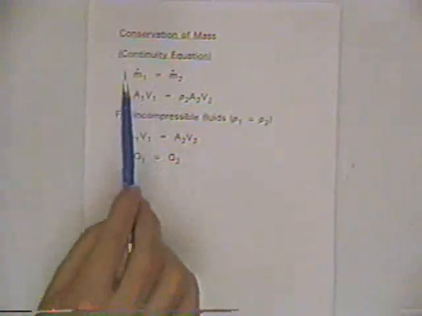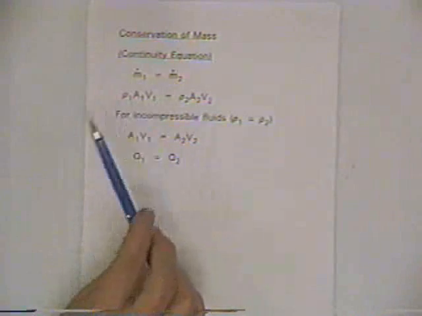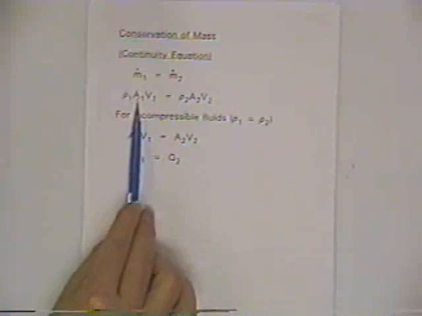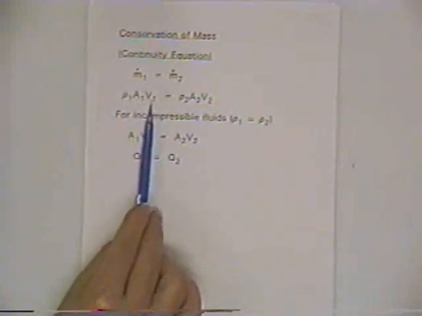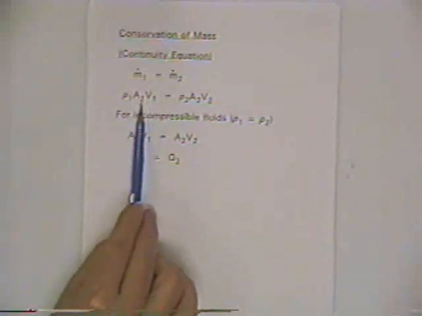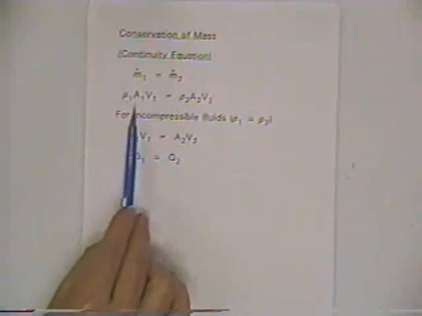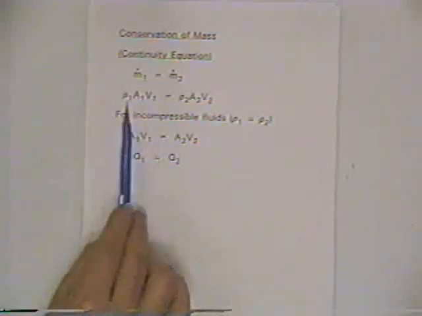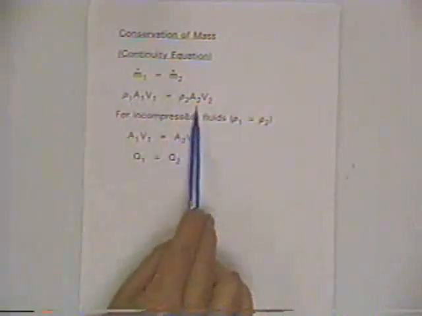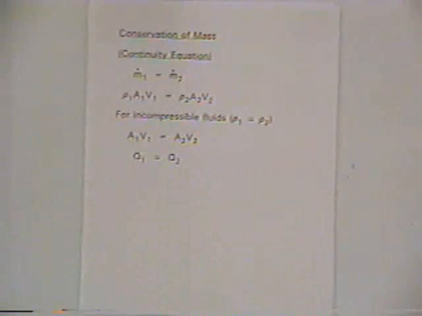We can write the mass flow rate as volume times a density. And the volume we can write as a cross-sectional area of flow times a mean velocity flowing through that cross-sectional area. That's a representation of volumetric flow rate, volume per time, and we multiply that by mass per volume, and that gives us mass per time. And so whatever mass is coming into the control volume, the same mass is leaving, assuming a steady flow situation with no change in storage.